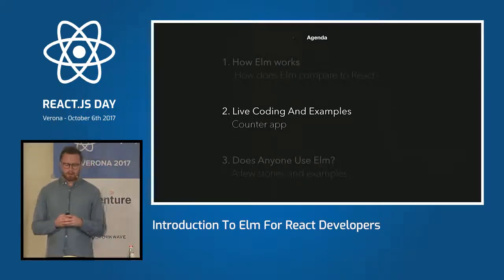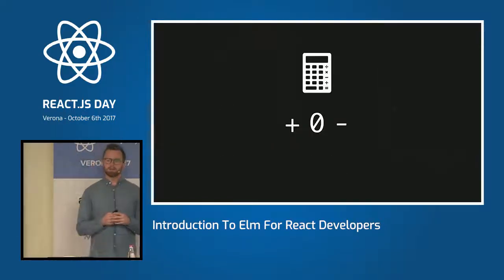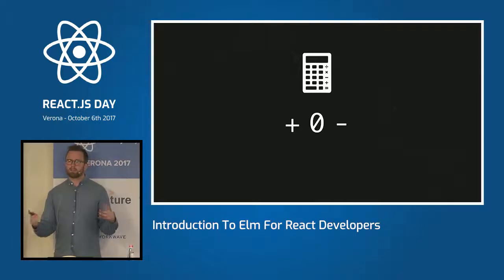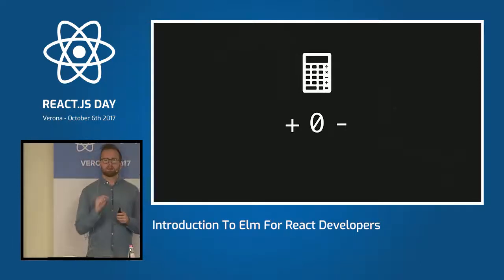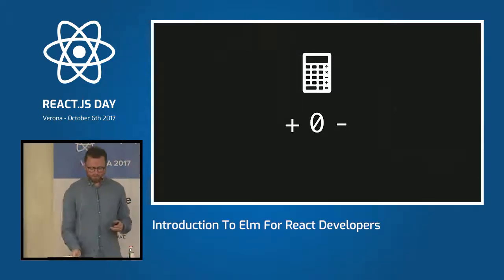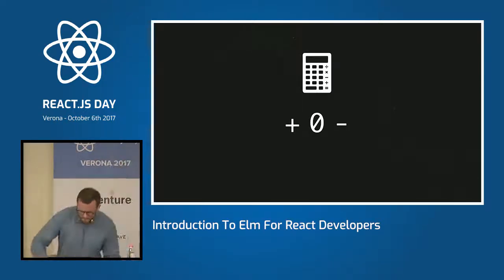So I'll try to live code a small example for you. I'll try to create a counter application like we've all seen before, like the archetypal example of Redux, where you have two buttons, and clicking one button will increment the number, and the other button will decrement the number.